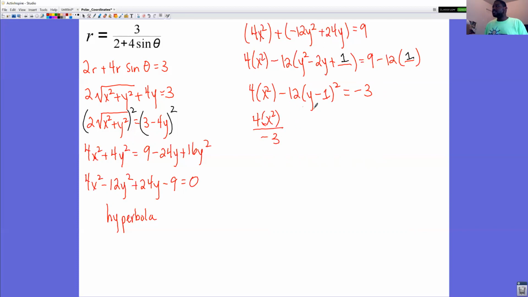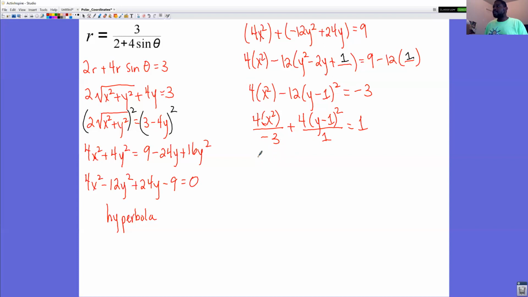And then dividing the -12 by -3 gives us a +4. Y minus 1 all squared over 1 gives us +1. And so we need to rewrite this where the subtraction sign is in the middle, and we also got to get rid of the coefficients in the numerator. So what I'm going to do is rewrite it and take the reciprocal of the denominator, of the numerator, excuse me.